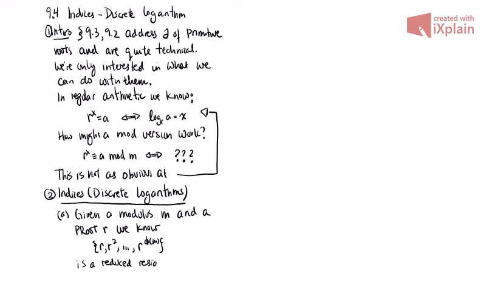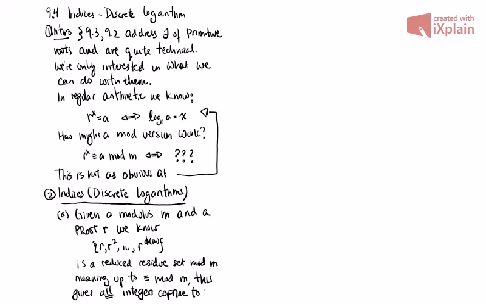Remember, this means up to congruence mod m. This gives all integers coprime to m. That's basically the way you want to think about it.